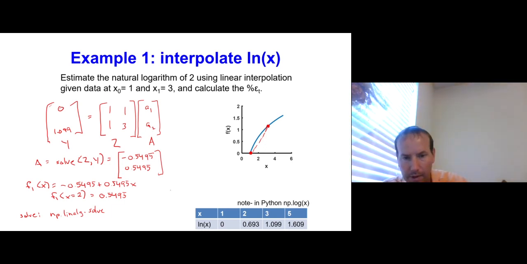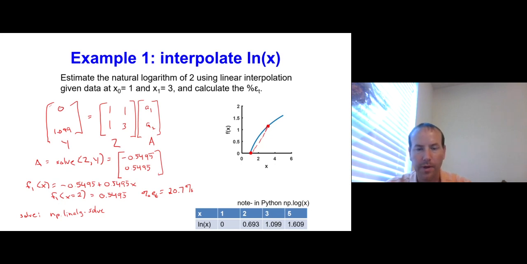Finally, if you then compute the true error, remember you're going to compare this 0.5495 to the 0.693, which is the true value. You would find that the true error is about 20%. Okay, so it didn't do that great of a job. So that's how you would do a linear interpolation.